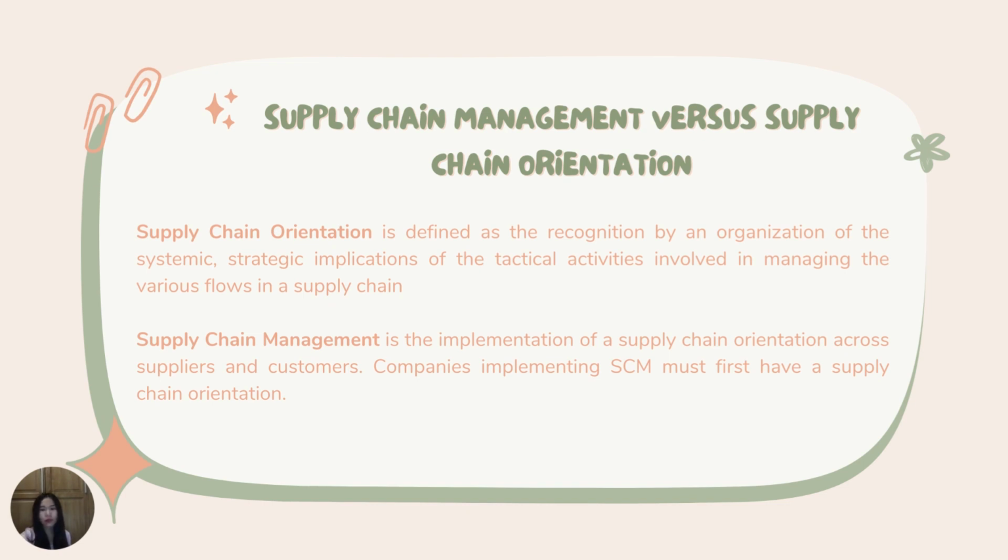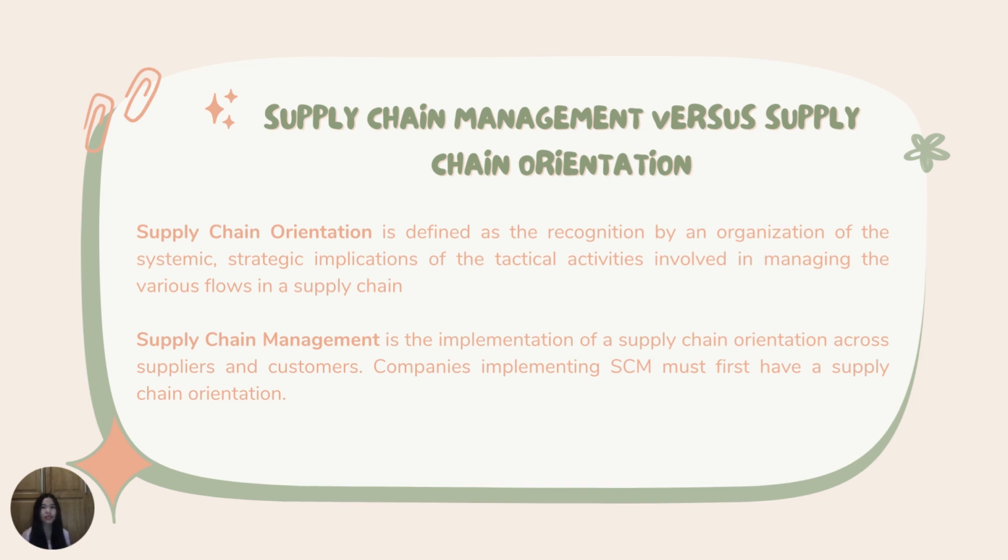What has been called supply chain management as a management philosophy is more accurately called the supply chain orientation. The actual implementation of this orientation across various companies in the supply chain is more appropriately called supply chain management. Supply chain management is the implementation of a supply chain orientation across suppliers and customers.